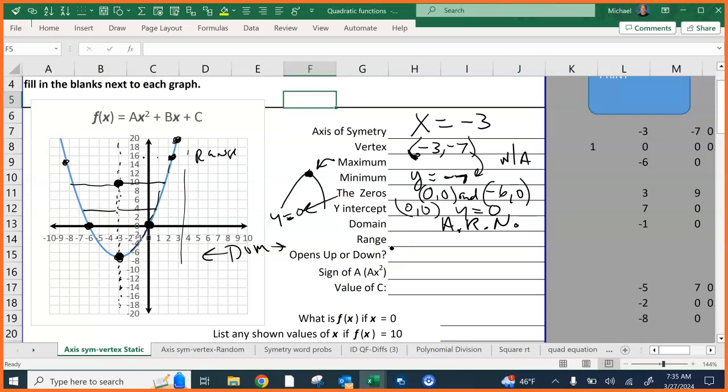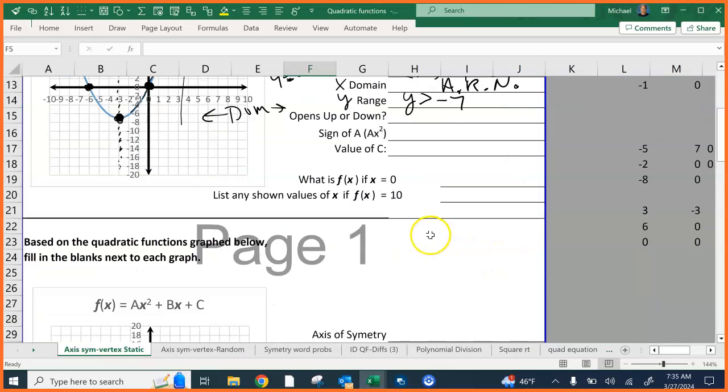So in this case, the range is going to be, and remember, you might want to put an x next to the domain and y next to the range. So the range would be y is greater than -7, because -7, it doesn't go any lower than that. But if you go to the left or to the right, you can get higher values of y forever. Okay, so that's what you would do.